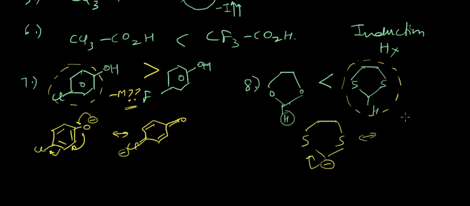Because sulfur has a partially filled or empty d orbital, this can form a bond with d orbital resonance. Okay, so this is more acidic.